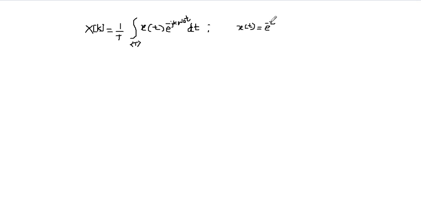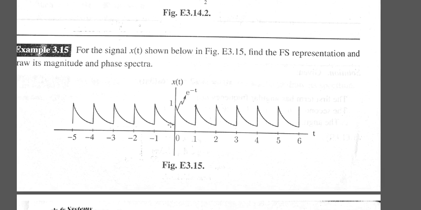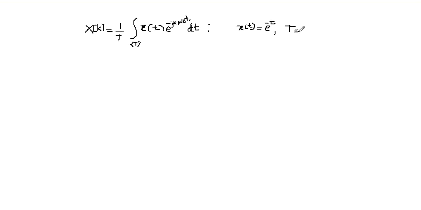Then we need its fundamental period T. By looking at the signal, it is 1, so let's write 1, whether it is 1 second or what, it is just 1 as per the information of that signal. Now once we know that it is 1, what is its fundamental frequency? The fundamental frequency omega naught is equal to 2 pi by T.